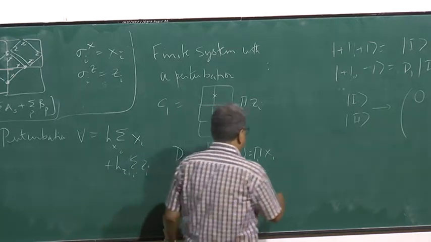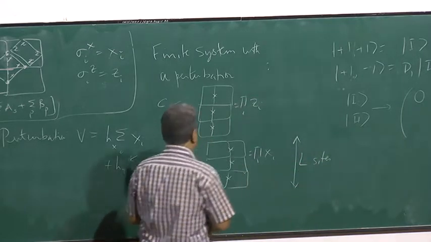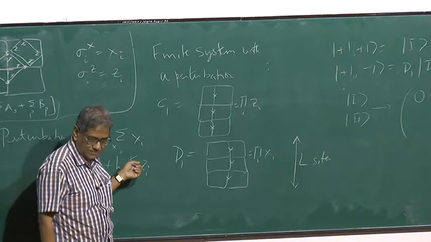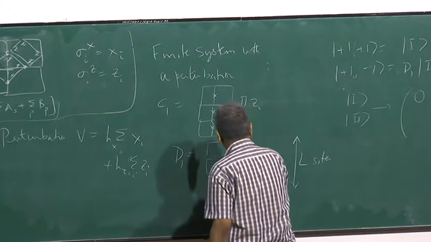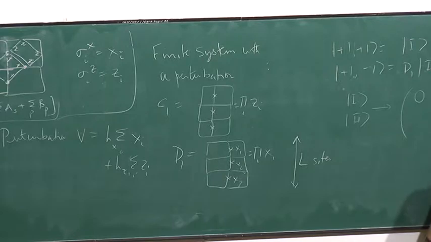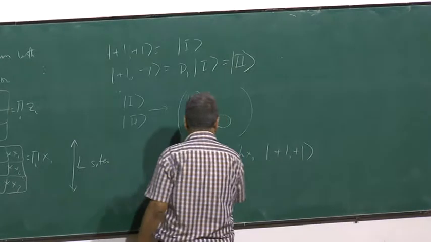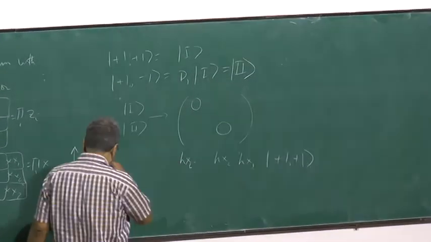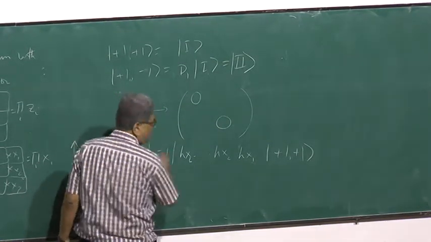If the system has L sites in this direction, you will see that these 2 states mix only at the Lth order in perturbation theory. In other words, if I call this x1, x2, x3, you are starting with the state +1, +1, then you will have to multiply by hx1, then hx2, and so on, till you get hxL, and then it will have a non-zero overlap with the state which is +1, -1.